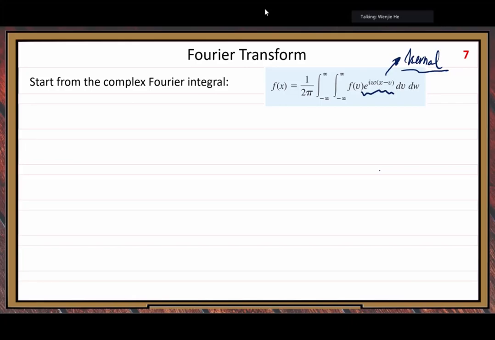Think about it. Here we have a double integral. Can we split this double integral into two halves? Because we need to do a single integral twice, right? The first time when you do the integral operation, you get something different, a function different from the original f function.